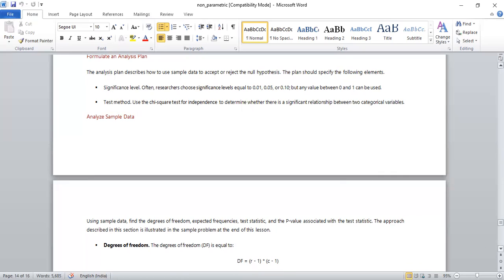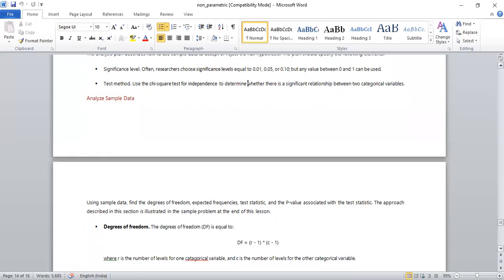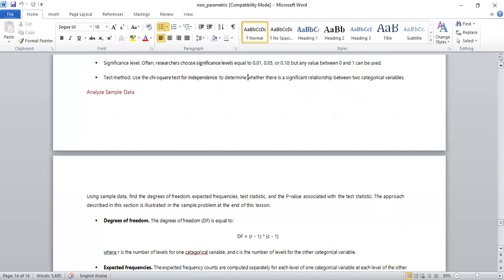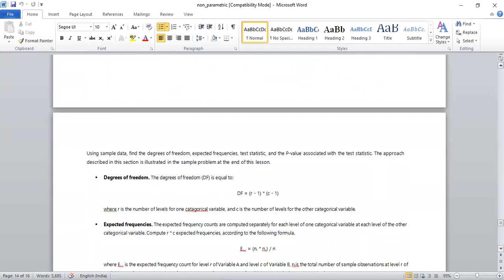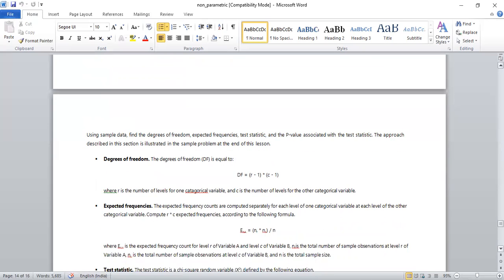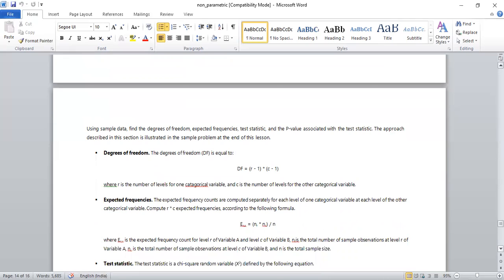So we will look into that. Look at the degrees of freedom here. In the previous one, we found the degrees of freedom to be k minus 1, where k is the number of levels. So k minus 1 is the degrees of freedom in the chi-square goodness of fit test. But here it is (r minus 1) times (c minus 1), where r is the number of levels of one categorical variable and c is the number of levels of the other.